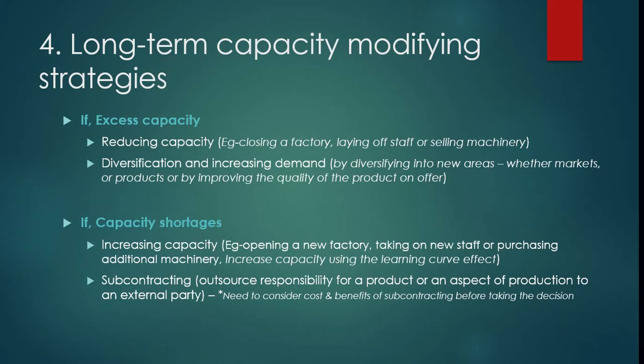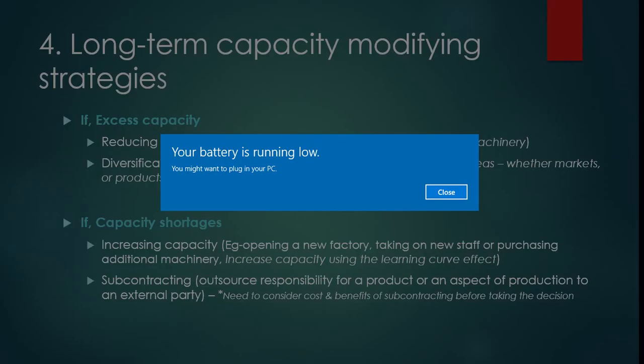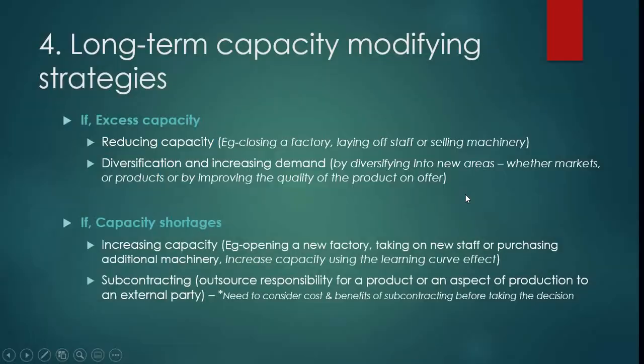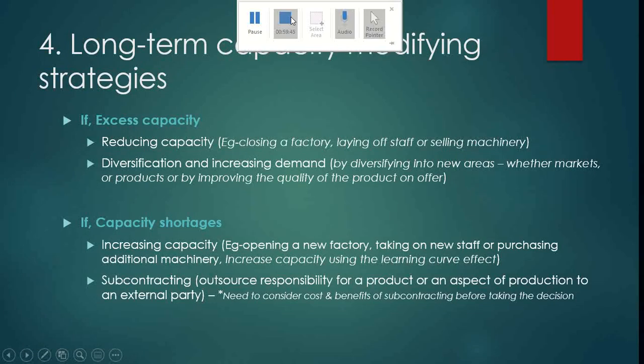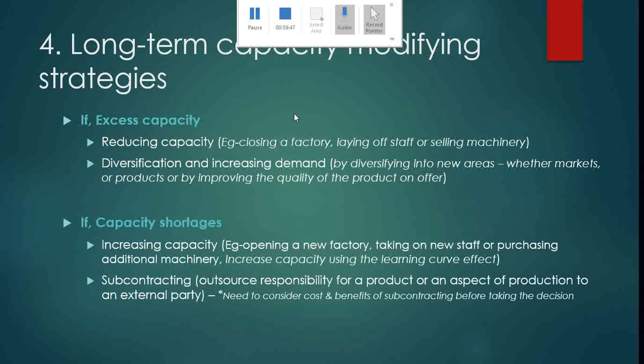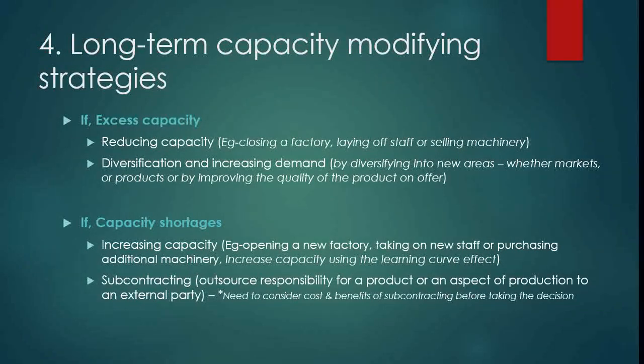Those kinds of things we want to consider before going for subcontracting, because we are going to give one of our tasks to a third party, right? Clear? So subcontracting should be evaluated before going for this decision, right?